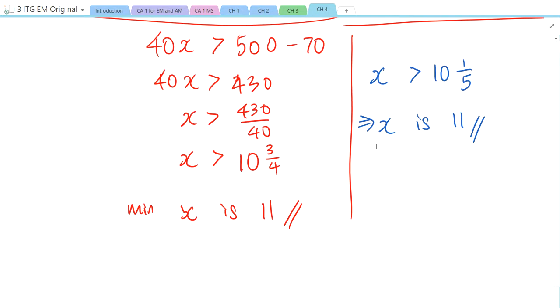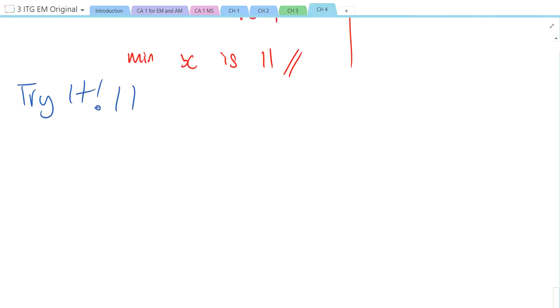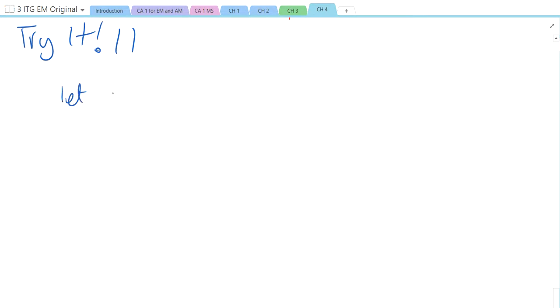Next. Your turn. Try it 11. They want the range of score for the third paper. So let x be the score for the third paper.